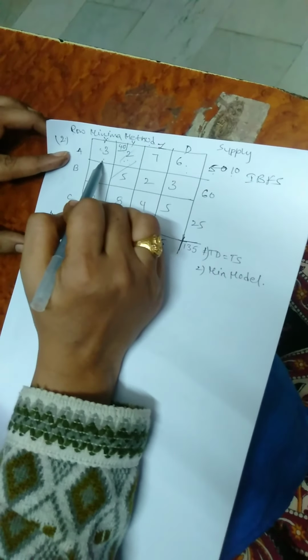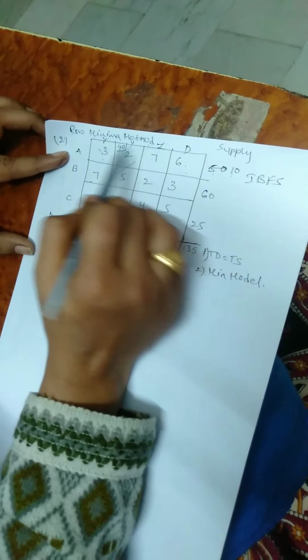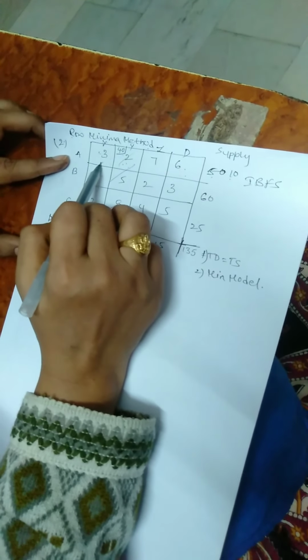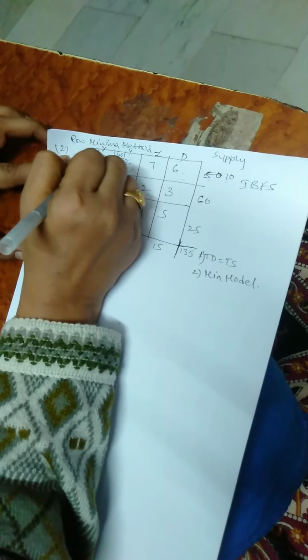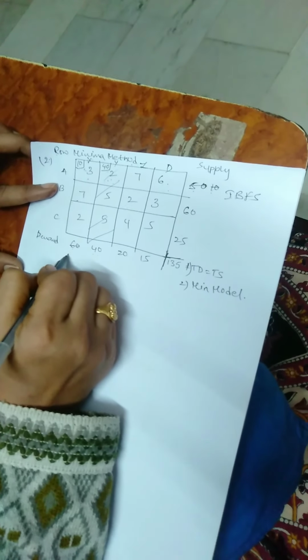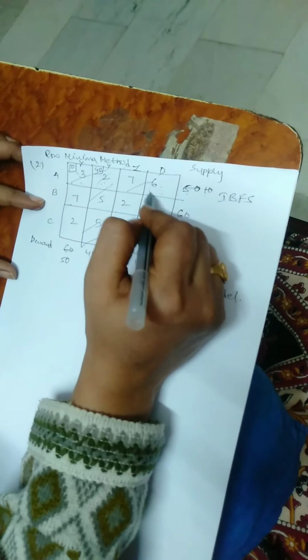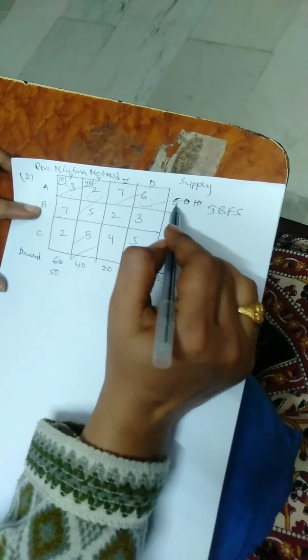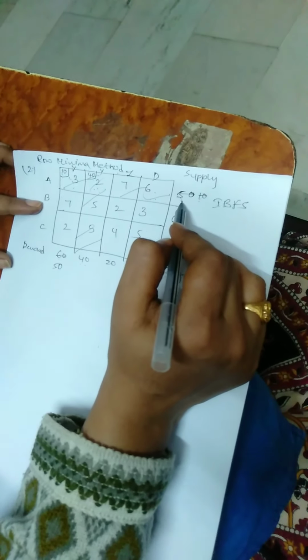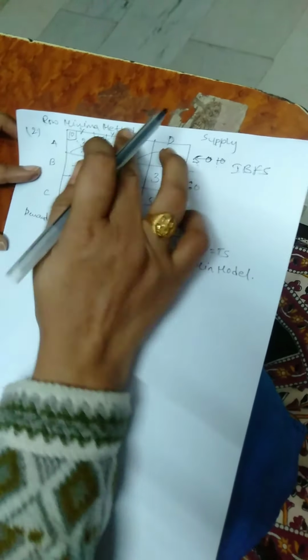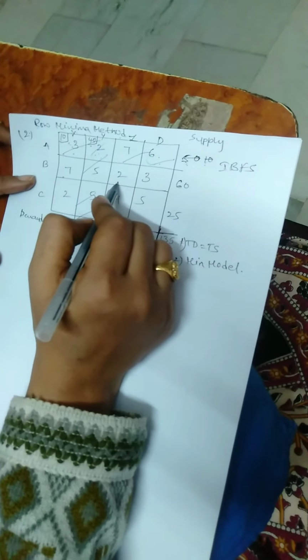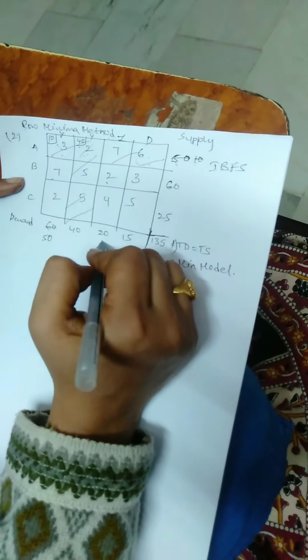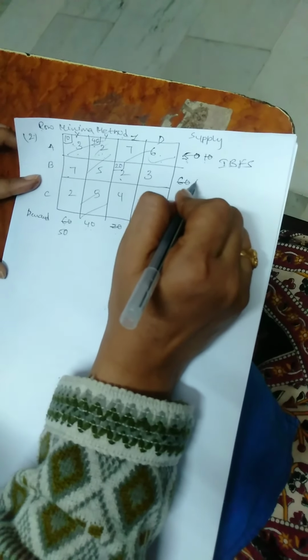In this first row we still have to supply 10 more units, therefore in this row consider the next element among the leftover elements. Here the next minimum is 3 and 10 units are required, here it is 60, therefore allocate 10, strike off this 10, and here 50 remains. Strike off the first row because the first origin's total 50 units have been supplied. In the second row the minimum is 2, and here 60 units are to be supplied and the demand is 20, which is the minimum, so allocate 20, and here 40 remains.